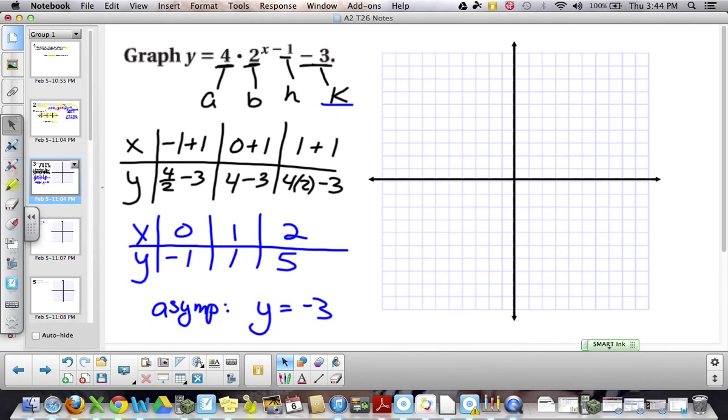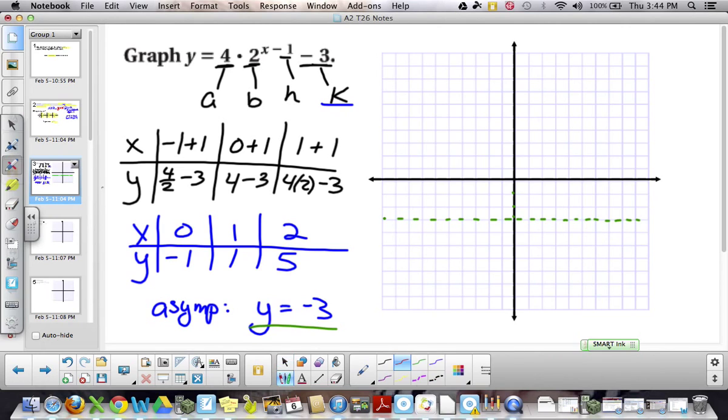All right, so now I'm set up to draw the graph. First I'm going to draw this asymptote at y equals negative 3, so go down 3 and draw a horizontal line. We'll just make it dashed. Again, this doesn't have to be exact, it just has to give us an idea of the line that we're not going to cross.